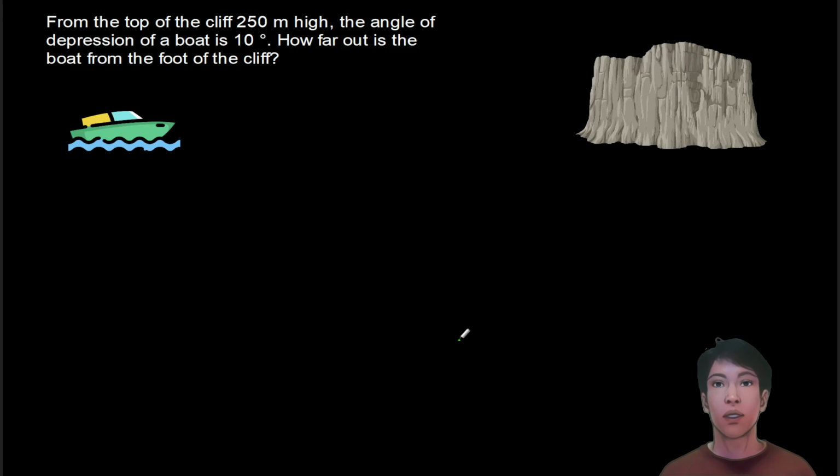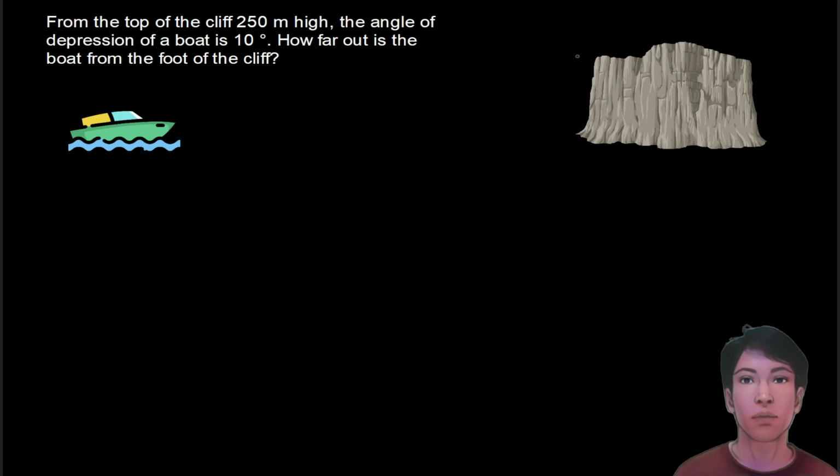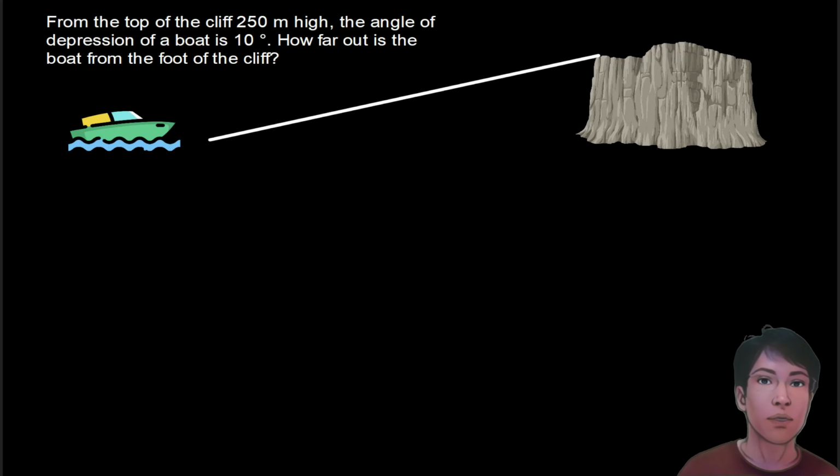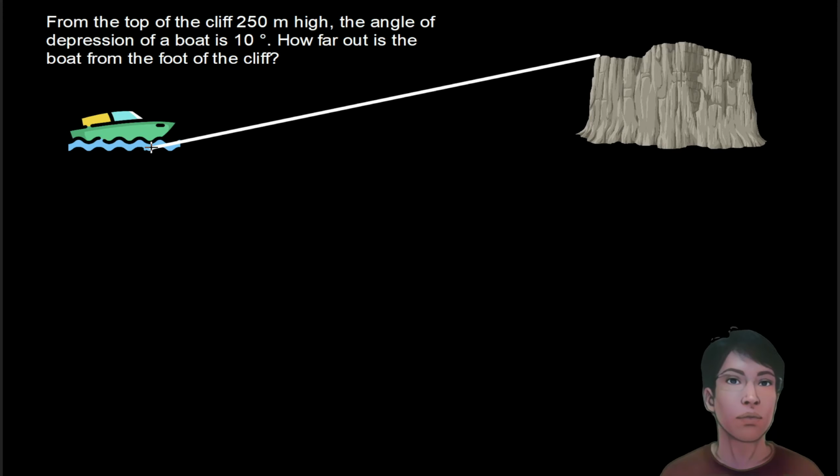All right, let's have a sample problem. We have a cliff 250 meters high, and the angle of depression of a boat is 10 degrees. So let me draw this one like this. Where is the 10 degrees?